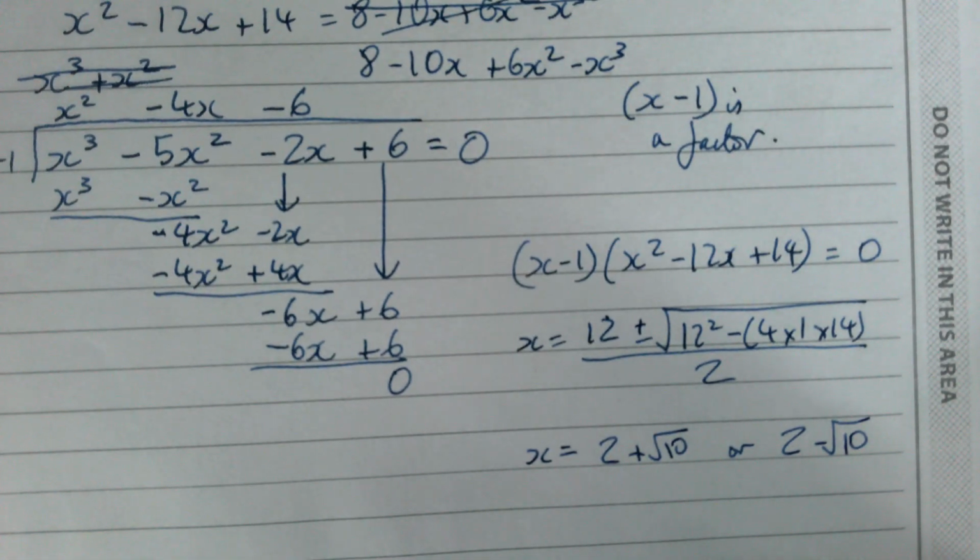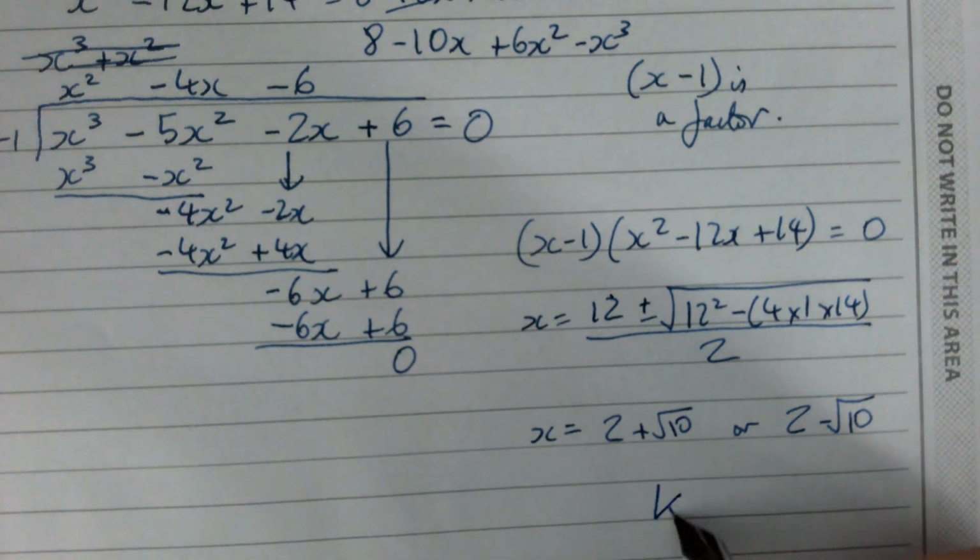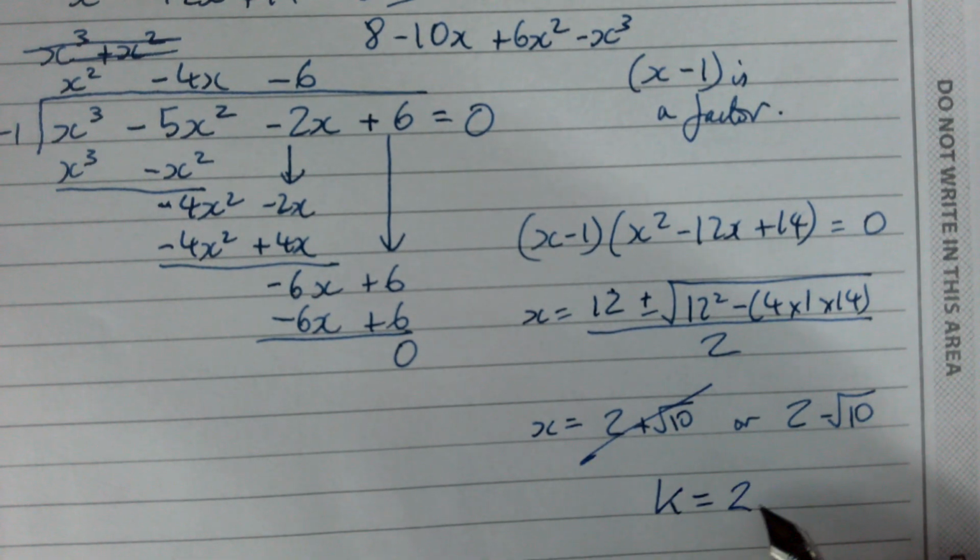But we want it to be less than 0, don't we? And if we add two positives, we're going to get a positive number. So for that reason, we can say that k, we can cross that one out and say k equals 2 take root 10.